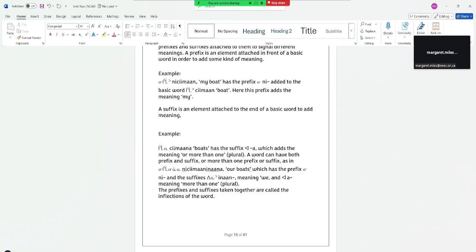So here it has a prefix in front of the word and a suffix at the end. Ni in front of the word, inan meaning we and more than one.